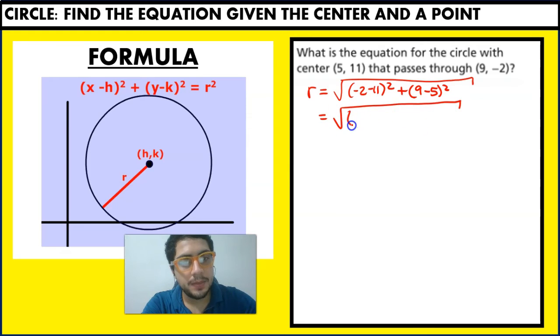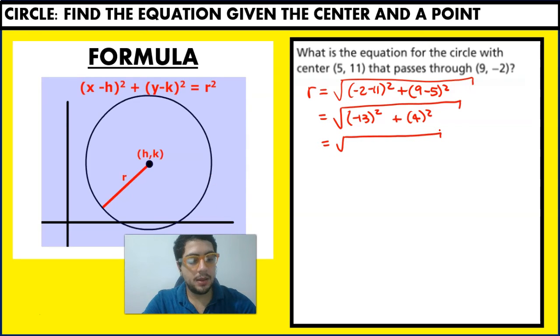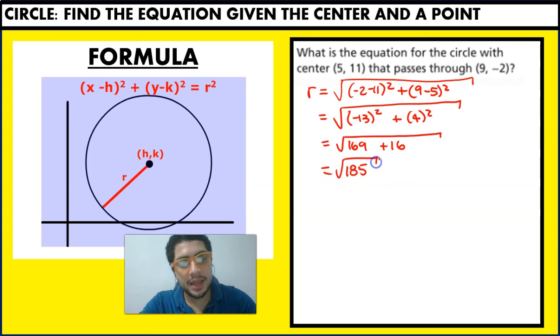That is going to give us (-13)^2 + 4^2. Now 13 squared is 169, and when added to 16, which is 4 squared, we get 185, the square root of that. That means that the radius is going to be the square root of 185.